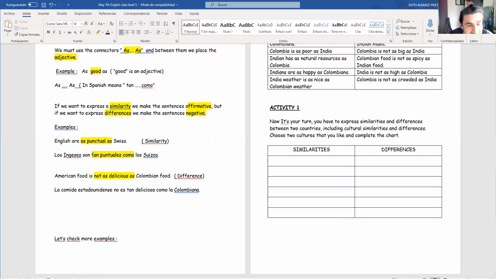Los ingleses son tan puntuales, el adjetivo punctual, como, entonces aquí está mi otra traducción de as, como los suizos, o los suizos. Dice suizos en inglés. Swiss, en inglés se dice English, ¿okay? Como el idioma.